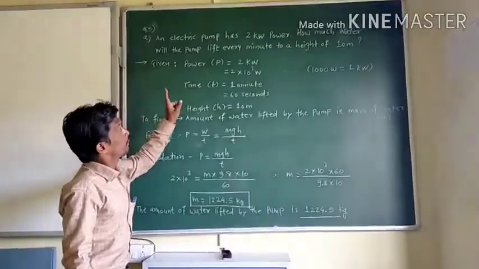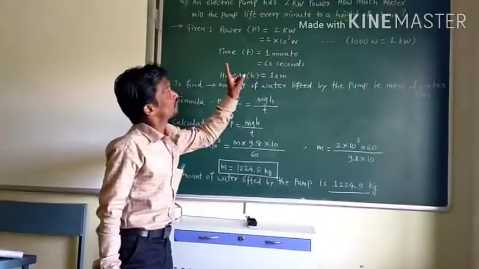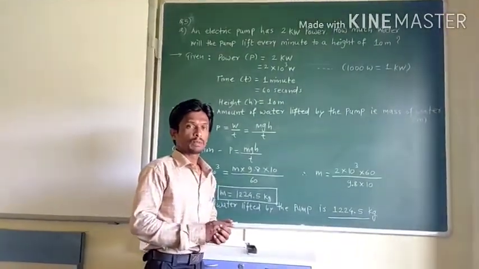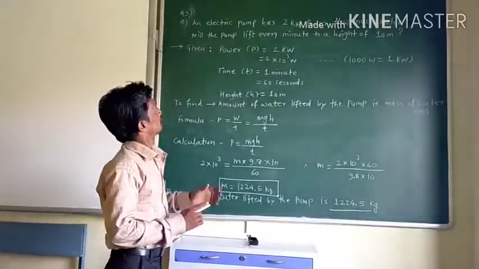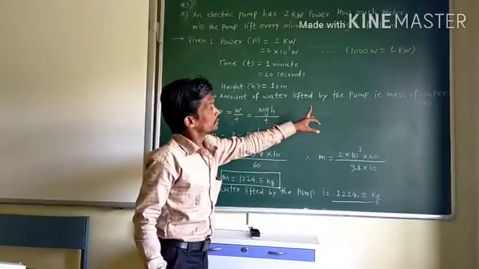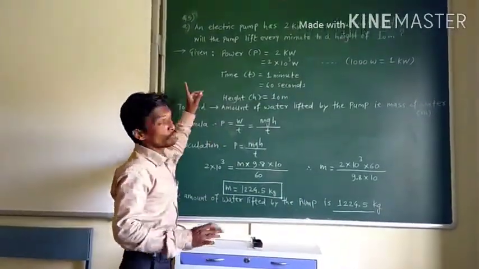An electric pump has 2 kilowatt power. How much water will the pump lift every minute to a height of 10 meter? See here, what are the given?